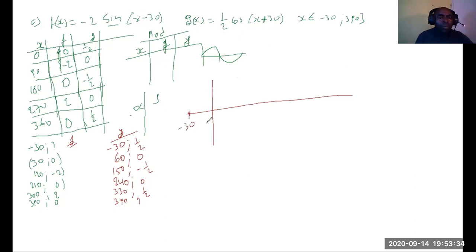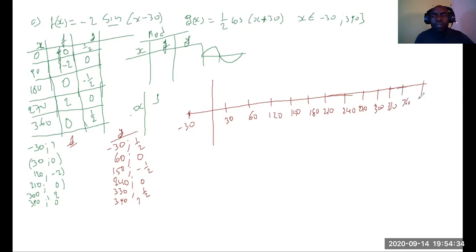Then I have got 30, I've got 60, 120, 150, 180, 210, 240, 270, 300, 330, and 360, 390.